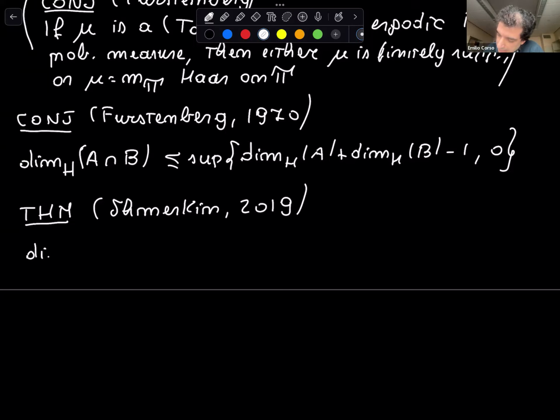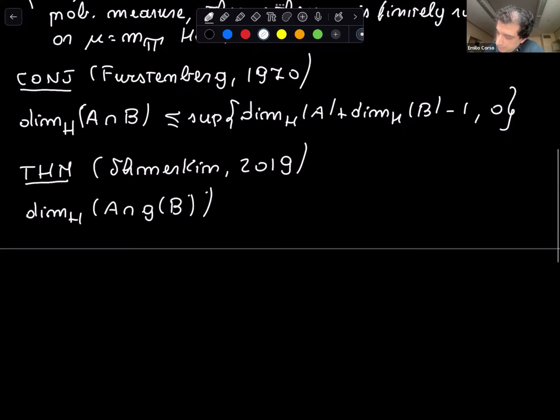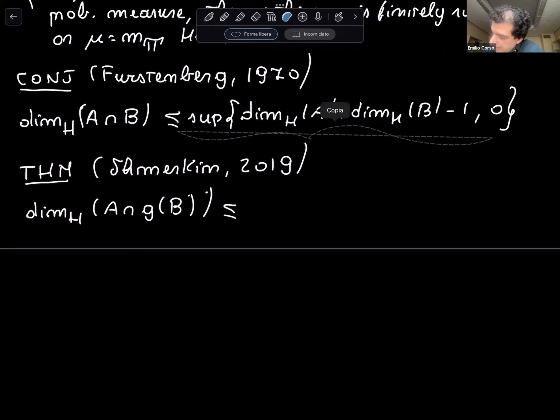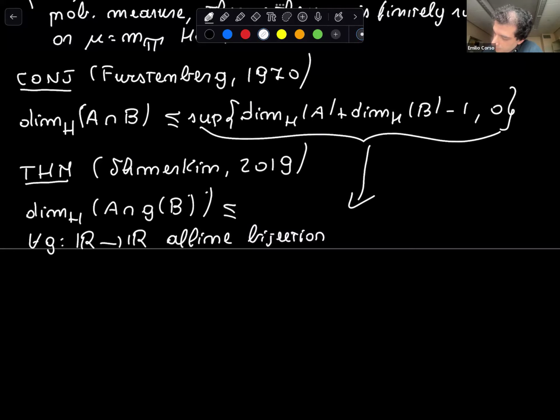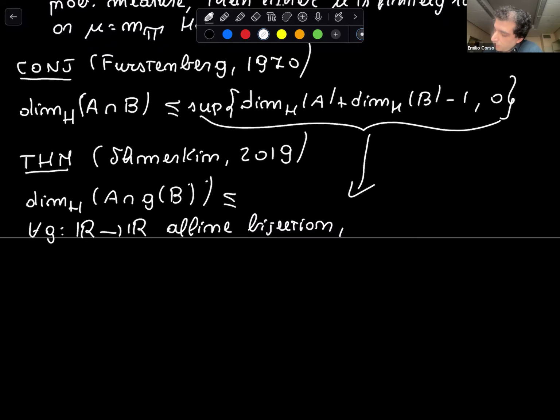So the dimension of the intersection of A with any affine image of B, the upper bound is the same, but where now G is any affine bijection, where of course I'm implicitly identifying the subsets of the torus, for any affine bijection, where here the torus is identified canonically with [0, 1].